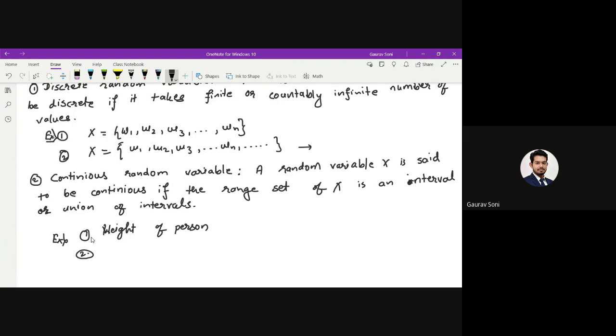Go ahead, Saurabh. I'm not sure whether we can use this example for continuous random variable, but can we take the depth of drilling to find oil? It is continuous. Yes, that could be an example.